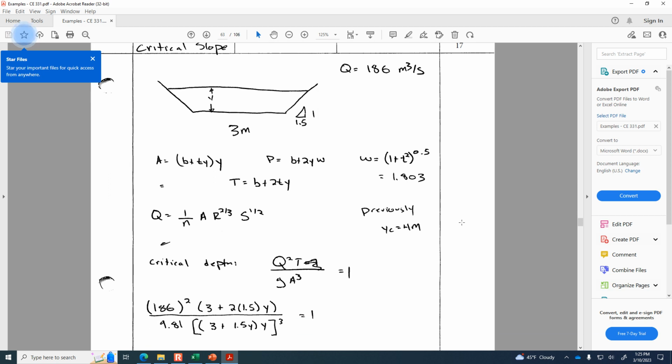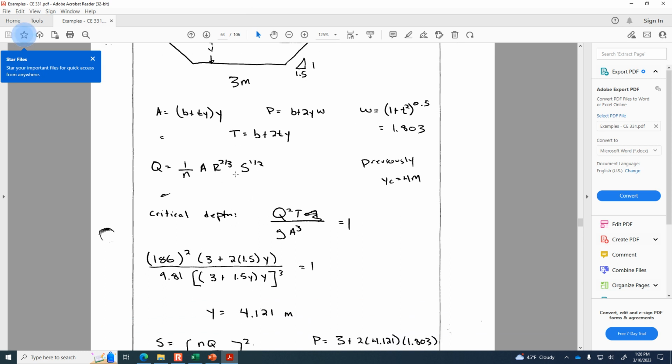Okay. So, just to recap, what we did was use the definition of Froude number to solve for what the depth is when you have critical conditions. And it was 4.121 meters. And then once we know the depth, we put that into Manning's equation as a known.